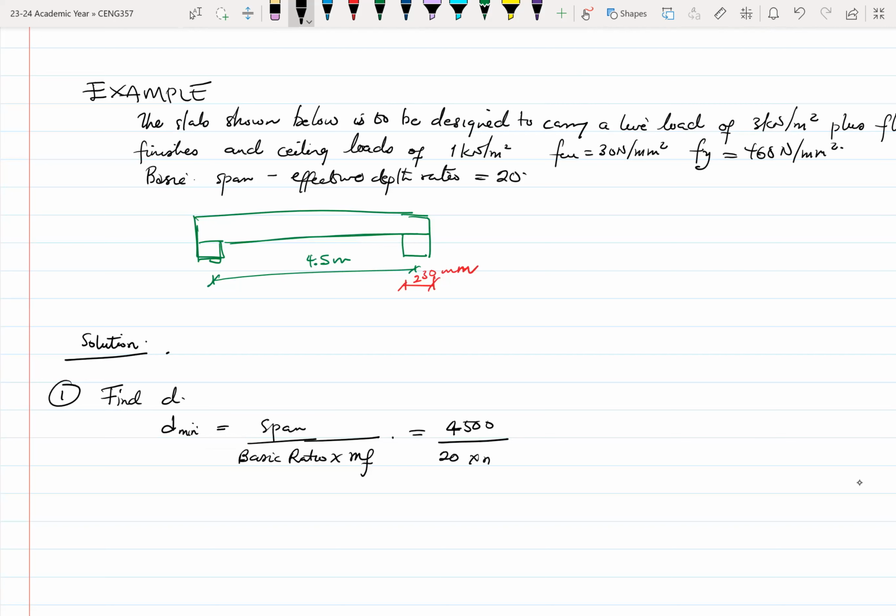We don't have our MF. If you don't have your MF, you can estimate what this value would be.